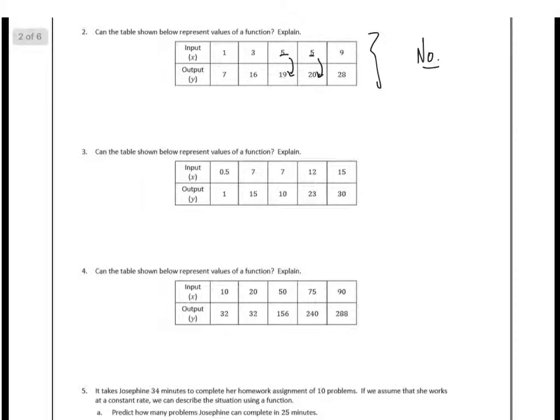So in this case, one input has two outputs, and because that happens, we say no, not a function. That's because the rule is that for every one input, you have one output.